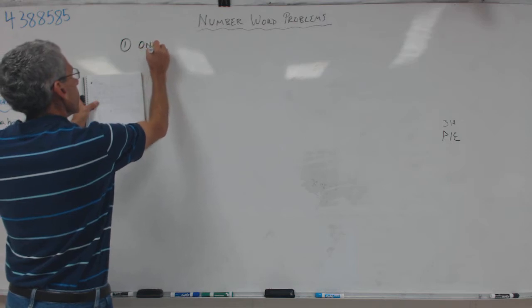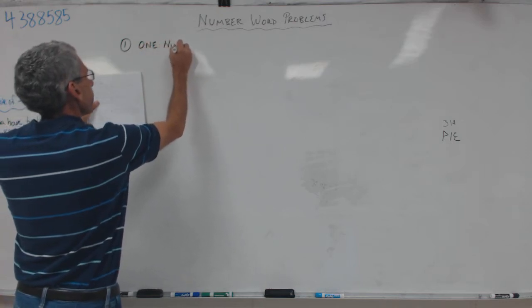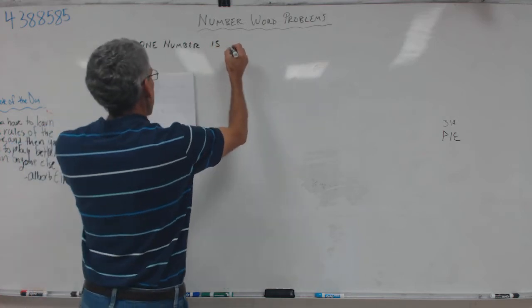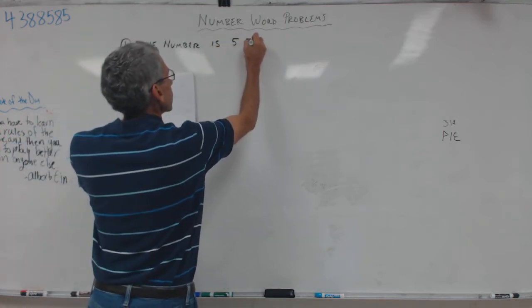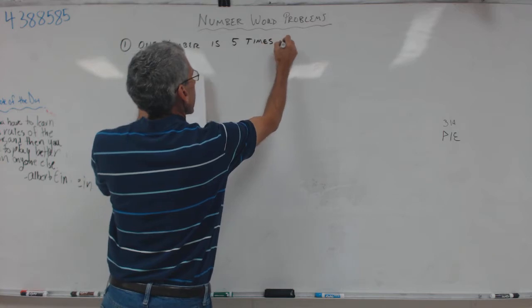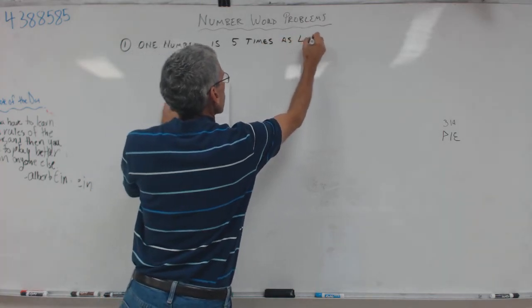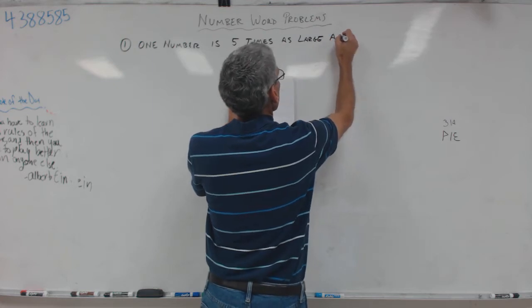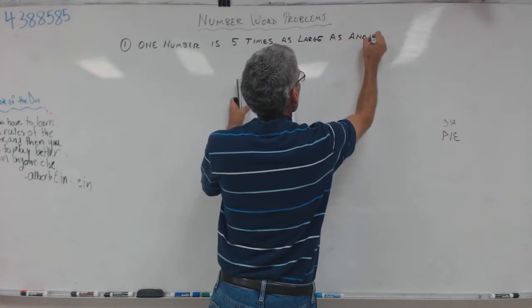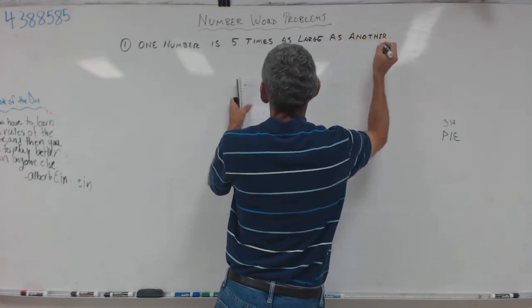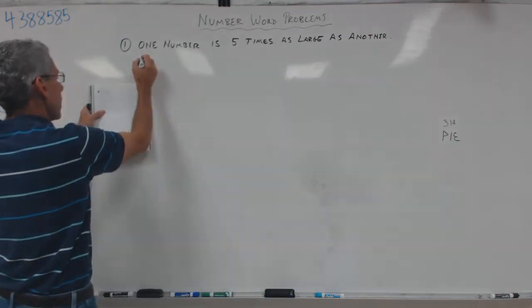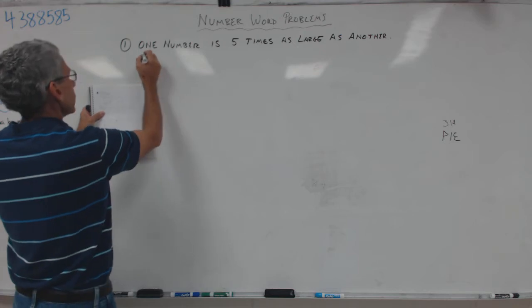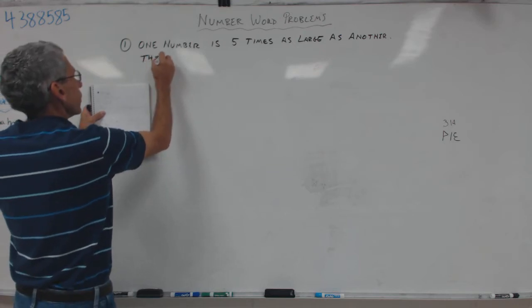One number is 5 times as large as another. Period. Their sum is 36.